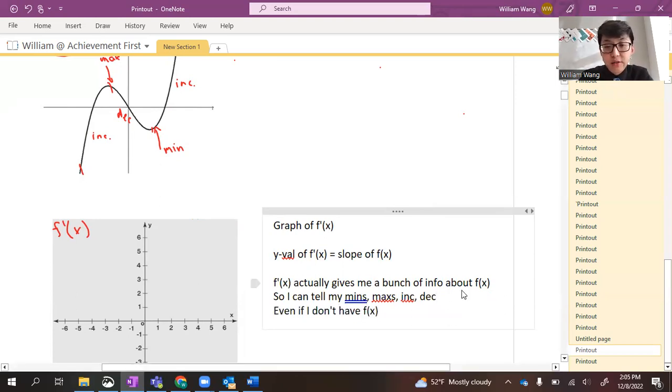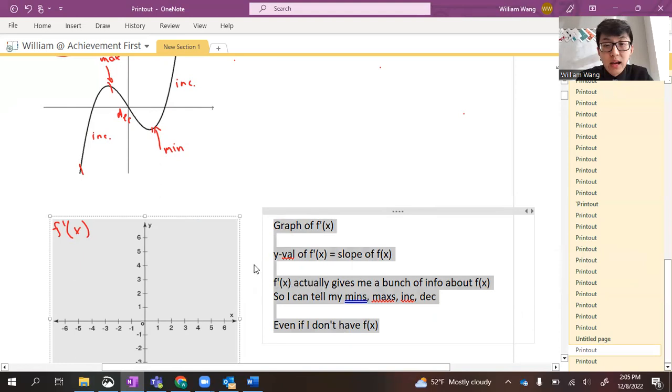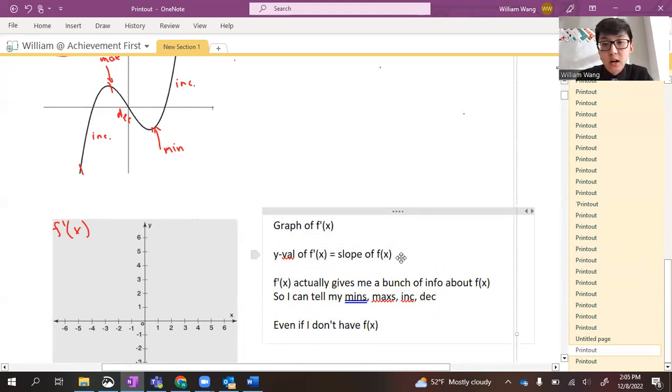Even if I only have f prime of x, I can still tell a bunch of information about f of x. And the reason I can tell a bunch of information, again, comes down to this relationship. The y value of f prime of x is equal to the slope of f of x.